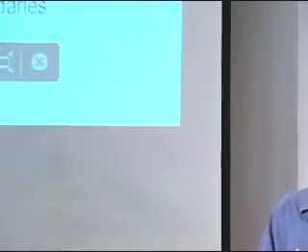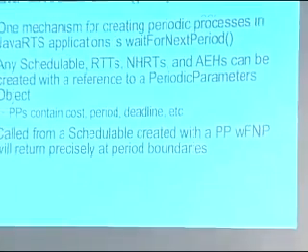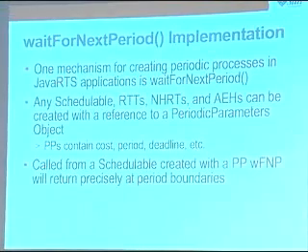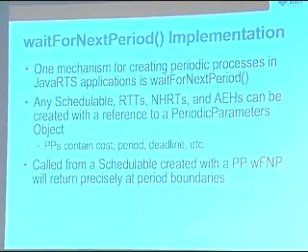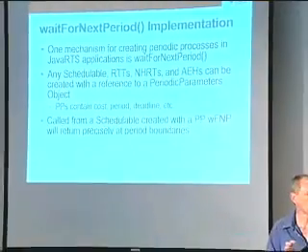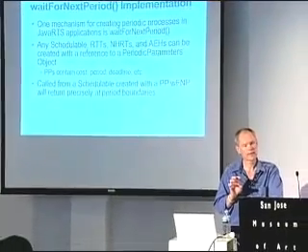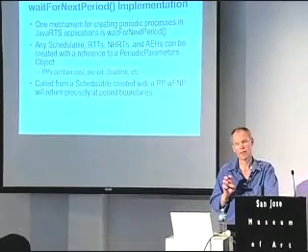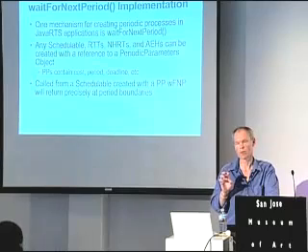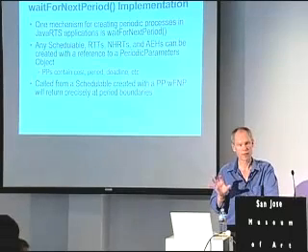Okay, waitForNextPeriod, and in 1.1 we're going to add another one called waitForNextRelease to generalize this a little bit. But this is a very, very important method in the RTSJ. It's the way you create a periodic process. And when you create one of these schedulables, you give it a set of objects, one type of which is what we call a scheduling parameters object.